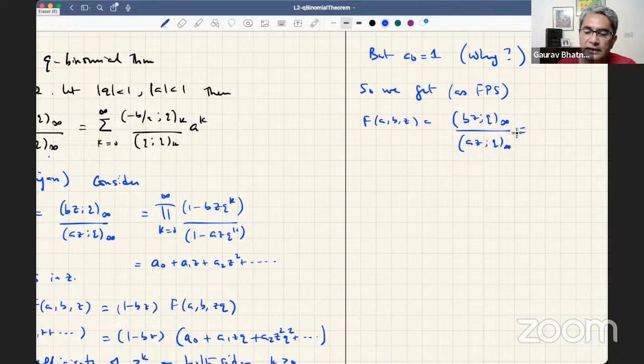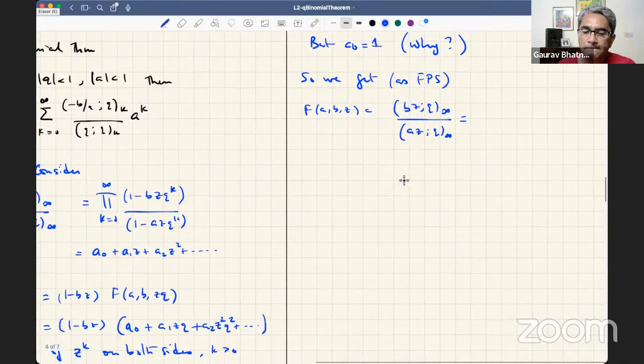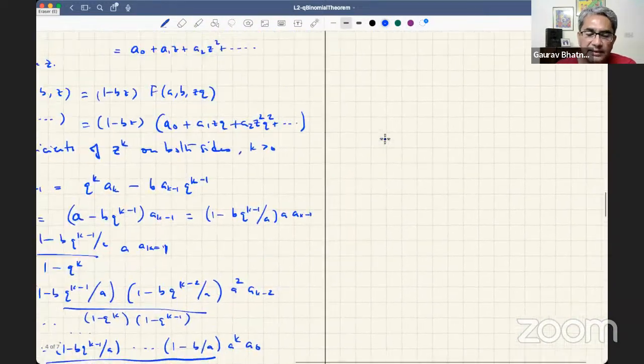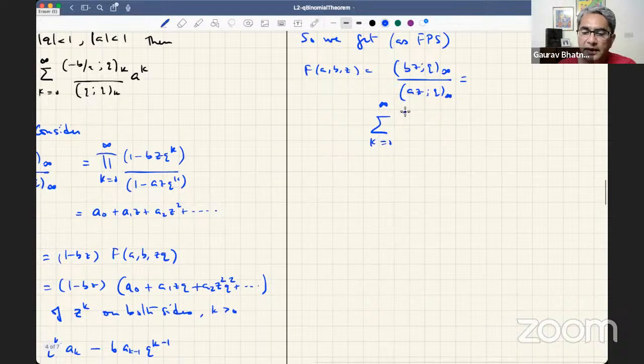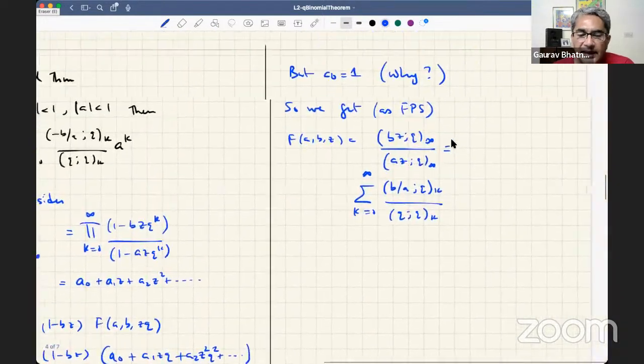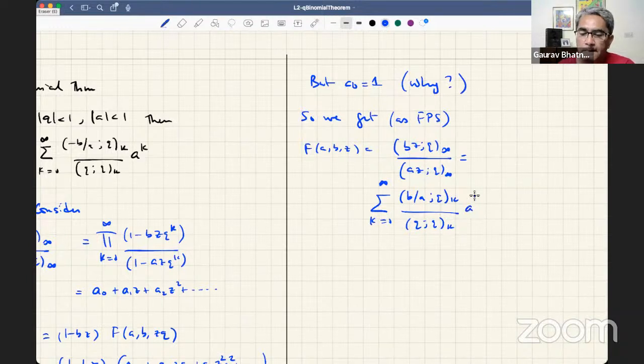That's equal to the summation k going from 0 to infinity. So the kth term is this guy, which is (B/A;q)_k over (q;q)_k, and there's an A raised to k and a Z raised to k.